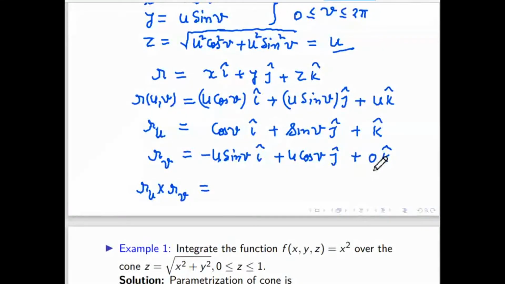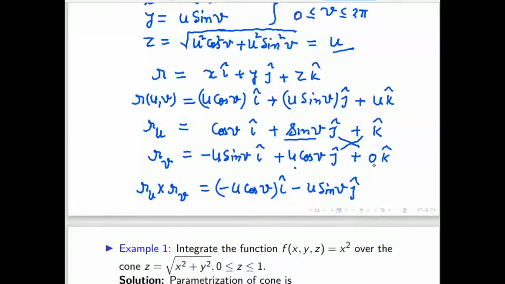Can anyone tell me the value of ru cross rv? For the i component, it will be 0 times sin v minus u cos v, so minus u cos v i cap. Then for j, it will be minus u sin v j cap.